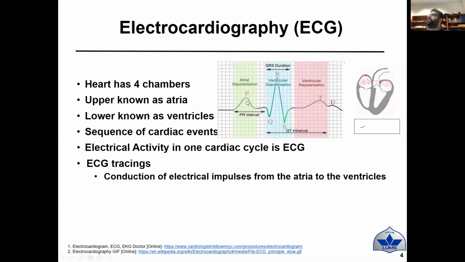One ECG signal is comprised of a P wave, then what we normally call the QRS complex, followed by a T wave. So P, QRS, T, and sometimes we have a U wave.